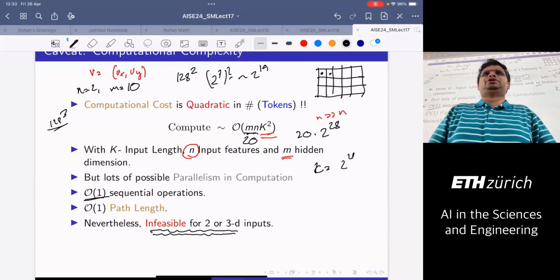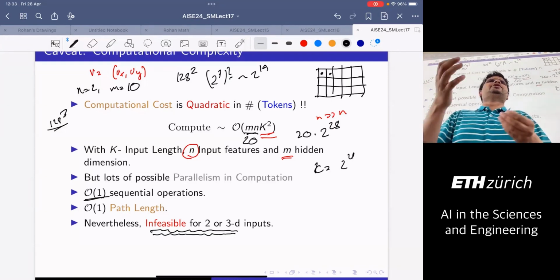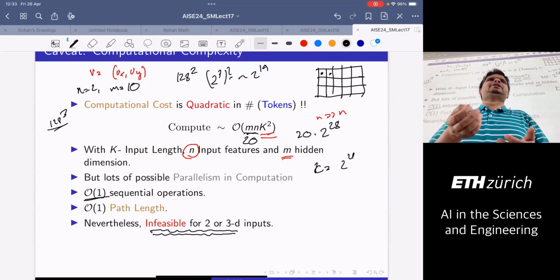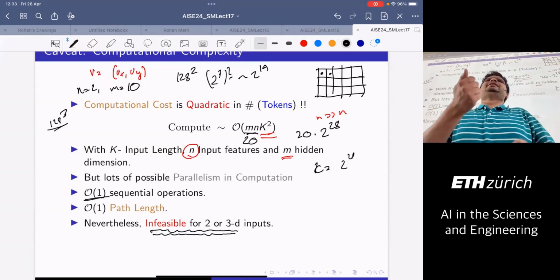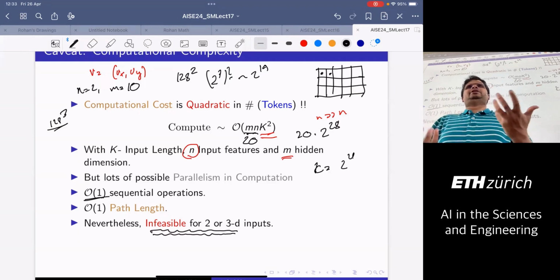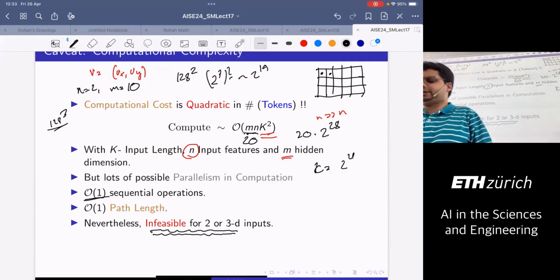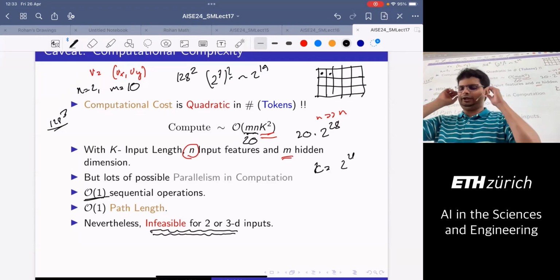It's the same with an image. When I look at you guys, there is much more regularity at a pixel level than when I'm talking, because for each of the words that I say, there is no regularity as such. There are discrete events in some sense. So we are going to leverage the regularities that these data structures have in order to reduce the cost of computation. And this is what I'll try to do for the rest of the lecture today.